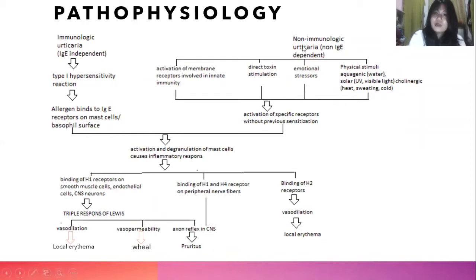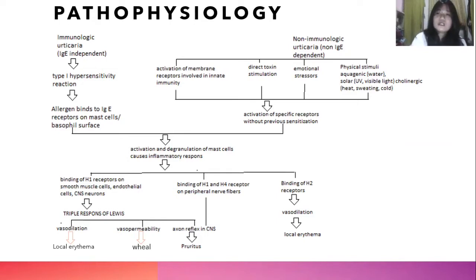As for non-immunologic urticaria or non-IgE dependent, this can be caused by four etiologies: activation of membrane receptors involved in innate immunity, direct toxin stimulation, emotional stressors, and physical stimuli, which was mentioned earlier. It could be aquagenic in nature, solar, which can be caused by UV visible lights, and it can also be cholinergic.